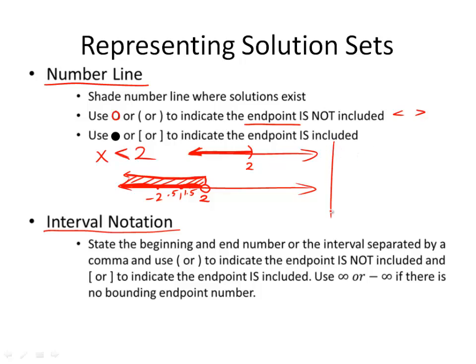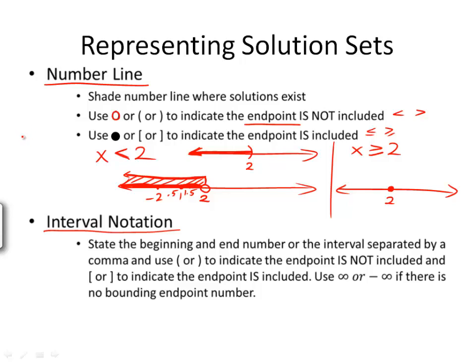So let's take a look at if x was greater than or equal to 2. On our number line, we'd plot our endpoint 2. In our case, the endpoint is included because of the equal sign, so we could use a closed dot.